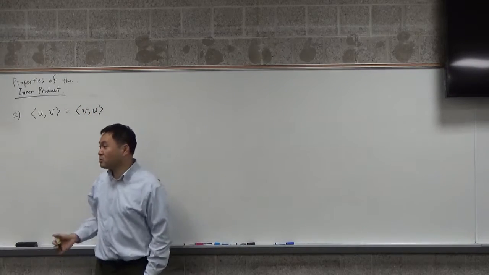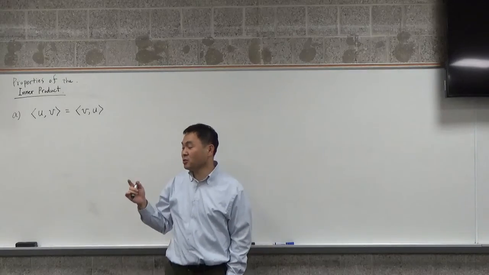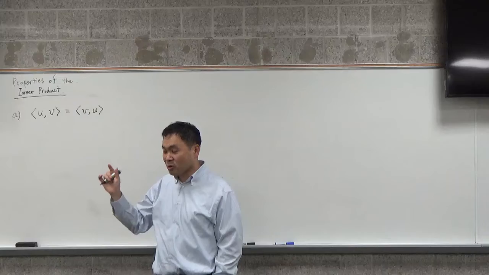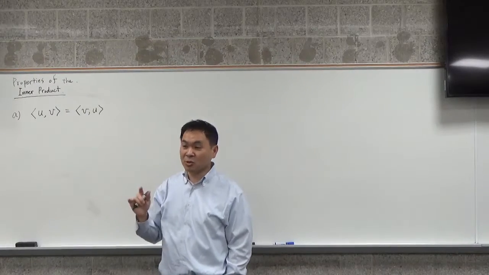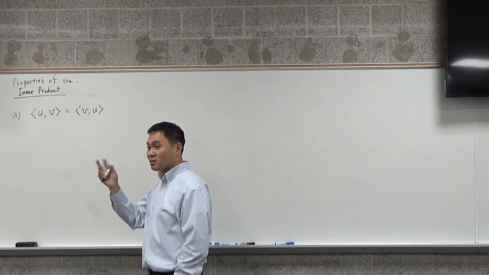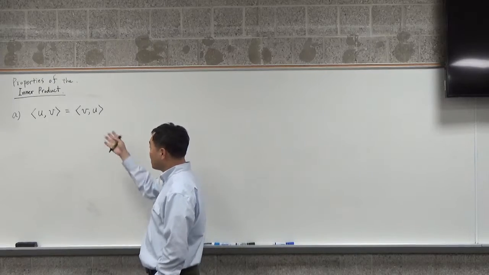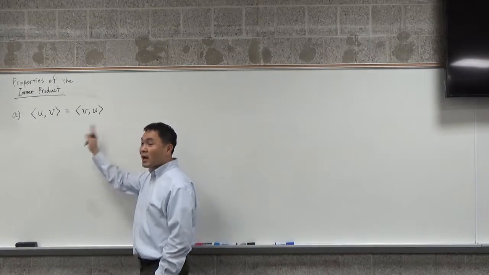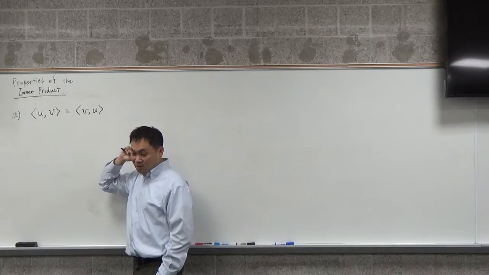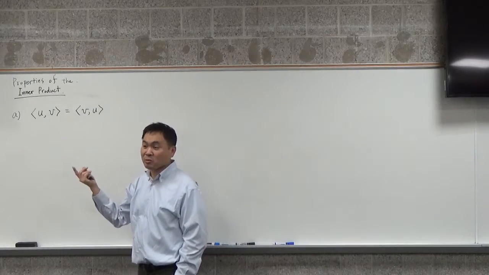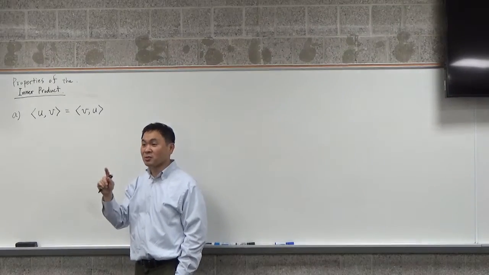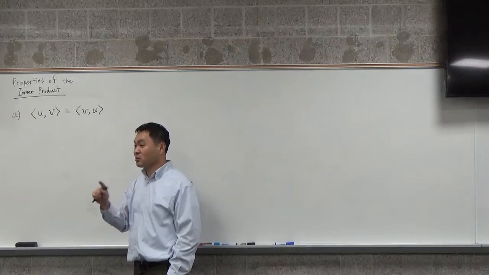Whether you do U dot V or V dot U, it calculates the norm of one thing times the norm of the other thing times the cosine, and multiplication is commutative. It's a commutative thing, which is not at all obvious, because we know, for example, the cross product is not commutative. It's anti-commutative, right? U cross V is equal to negative of V cross U.